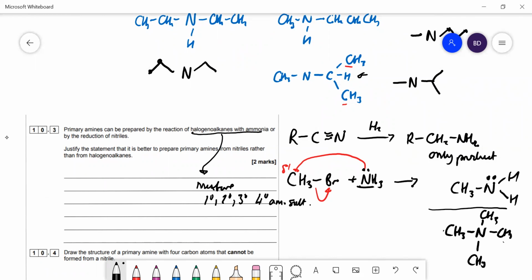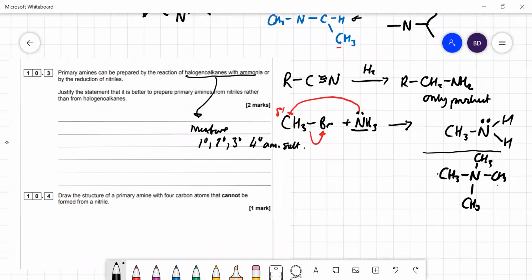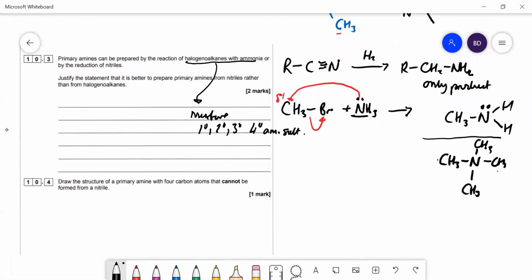Okay. So draw the structure of a primary amine with 4 carbon atoms that cannot be formed from a nitrile. Now, nitriles can only go on the end of molecules, because you need 3 bonds to form that. Okay, so yeah, you can turn that into, you can reduce that.